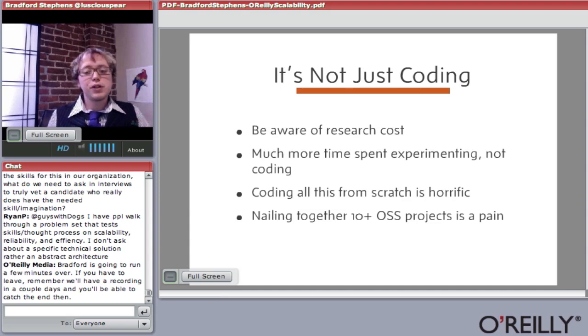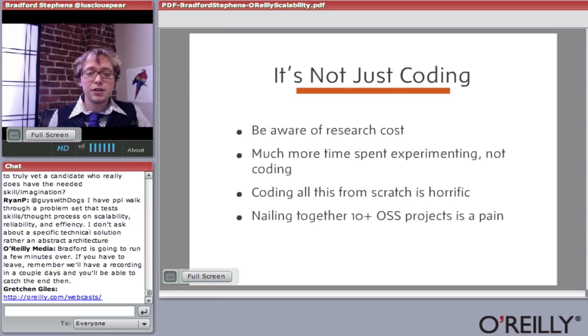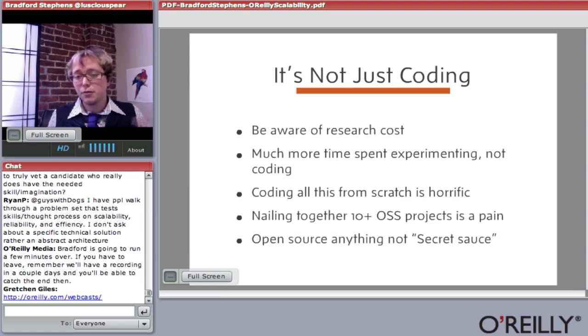And none of these things is really meant to work with each other. It's one of the reasons why we built Spire, for example, because we noticed that you have to nail together 10 or 20 open source projects to have an end-to-end real-time data platform.